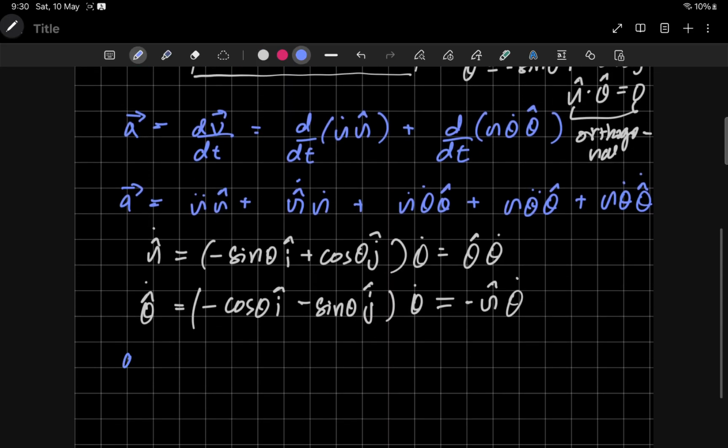The acceleration becomes r double dot r cap plus r dot theta dot theta cap.